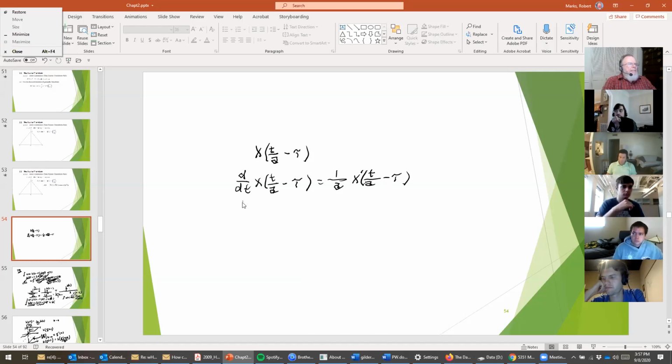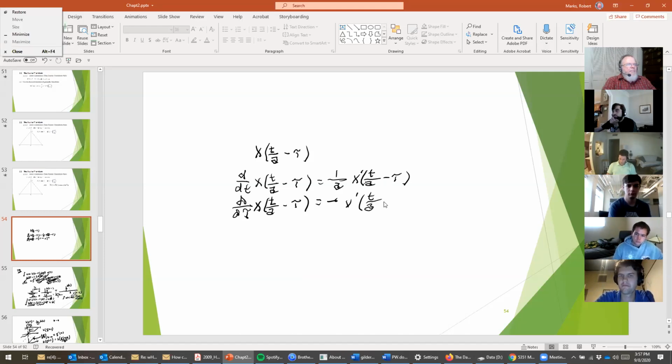And then d/d tau, now this is what you were asked to do the Fourier transform of. d/d tau of x of (t over a minus tau) was equal to minus x prime of (t over a minus tau).